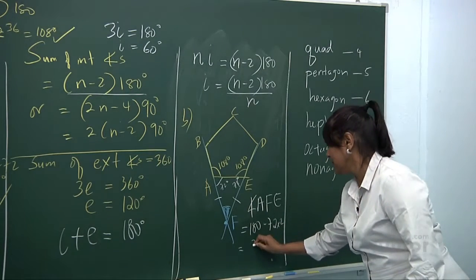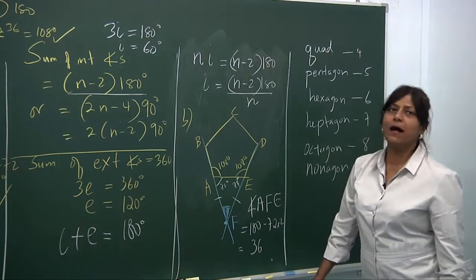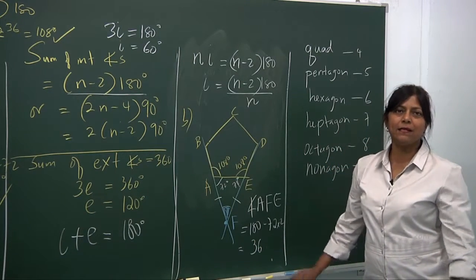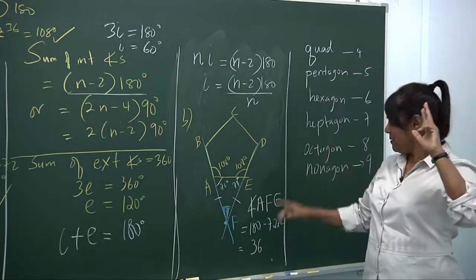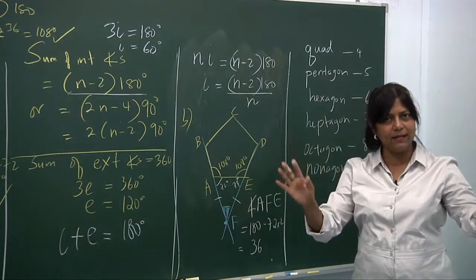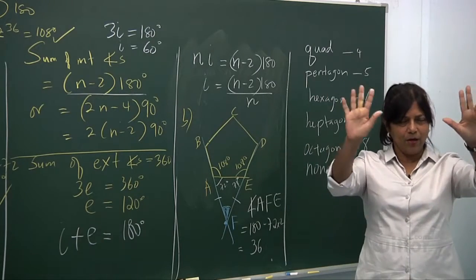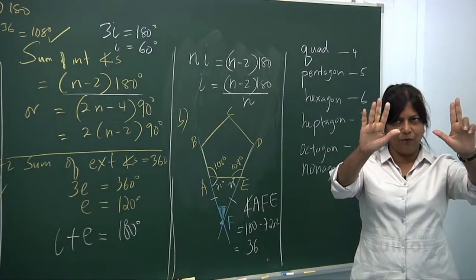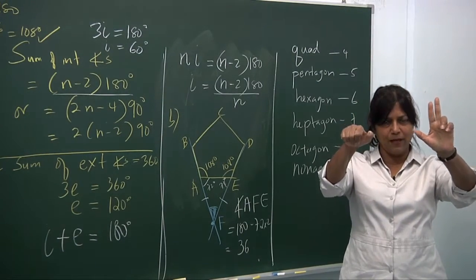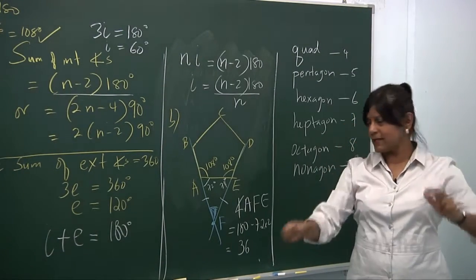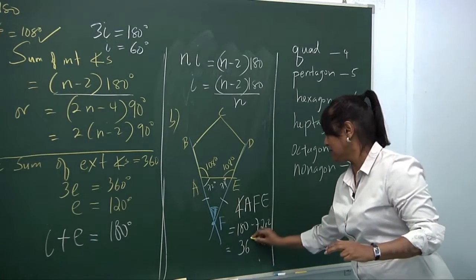You get 36 degrees. 180 minus 144: 180 take away 144, that's 30 and 6. So that's how you get 36 degrees.